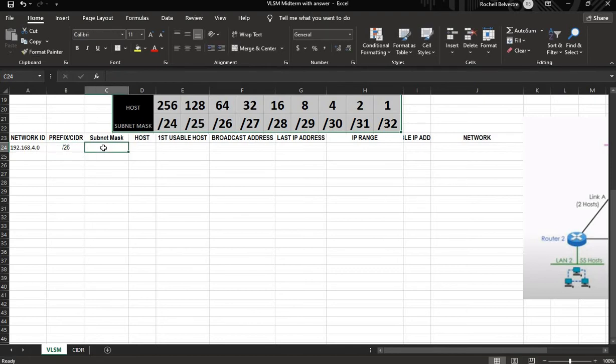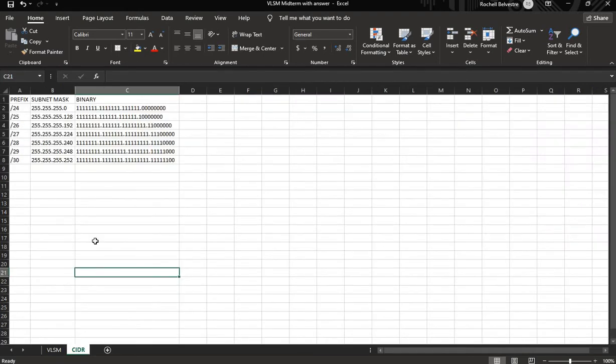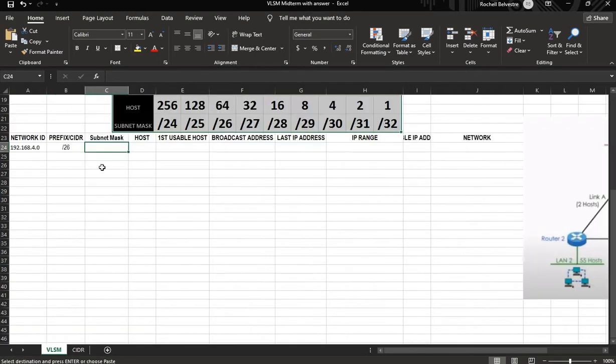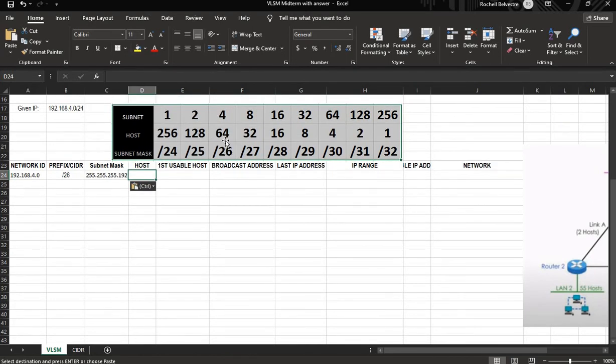Our subnet mask is based on the CIDR prefix. Now I have another sheet here which consists of the CIDR notation. /26 has the subnet mask 255.255.255.192. So we're going to copy that and paste it in here. Hosts in /26 is 64.